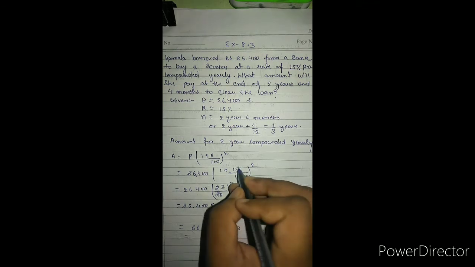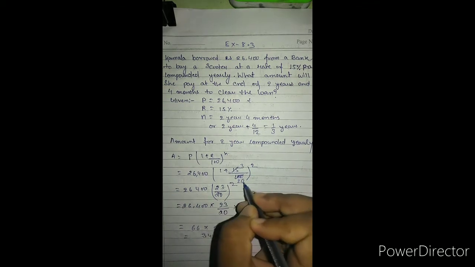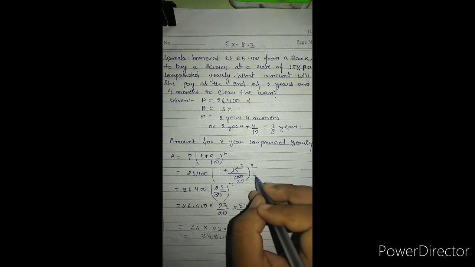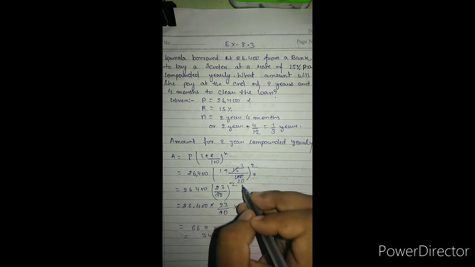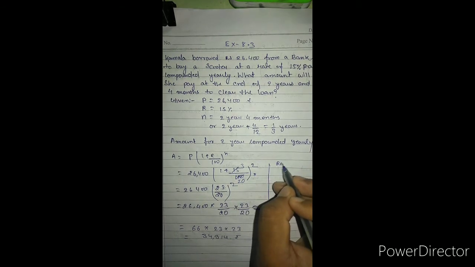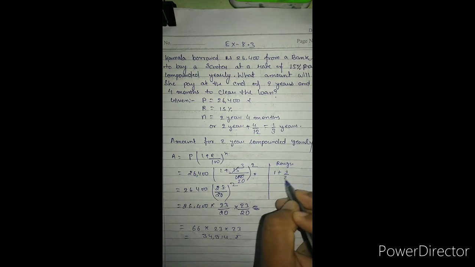Now 5 3s are 15, 5 2s are 10. Now it is 1 plus 3 by 20. Do the rough work. When you solve it, take the LCM of 20.